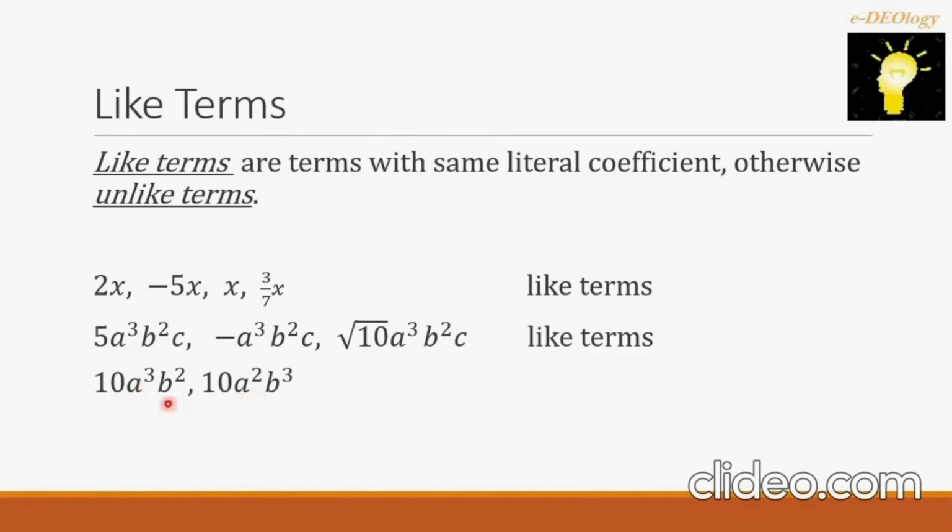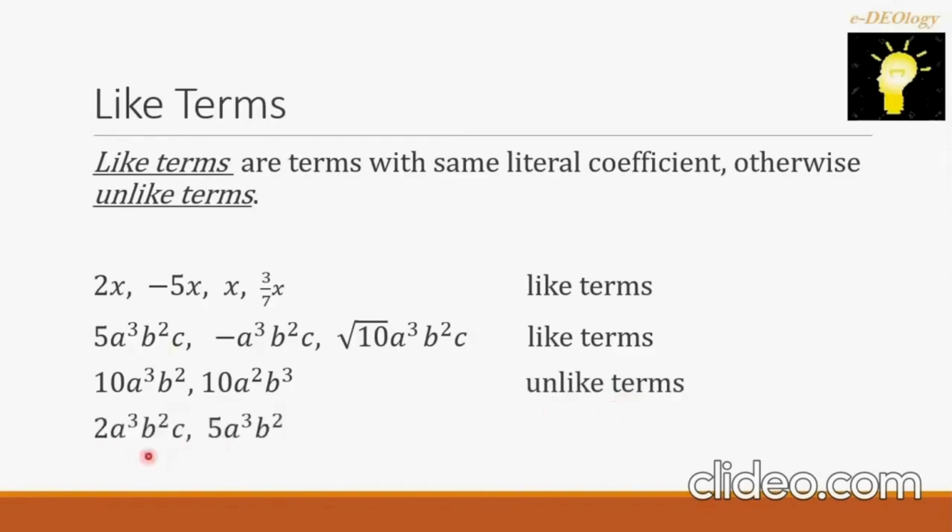While here, the b has an exponent of 2. In here, the exponent of b is 3. So they have different literal coefficient. So when we say the same literal coefficient, even the powers must be same. So in this example, for this group of terms, these are unlike terms.